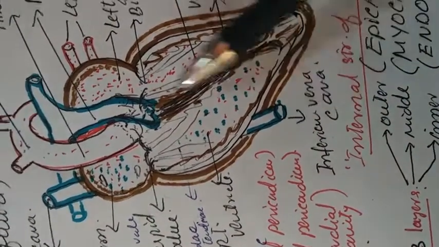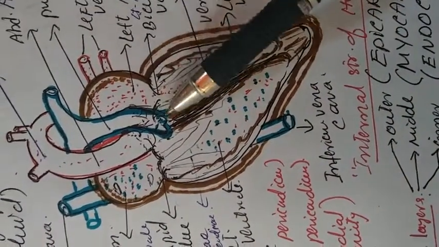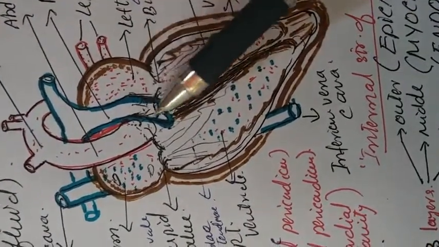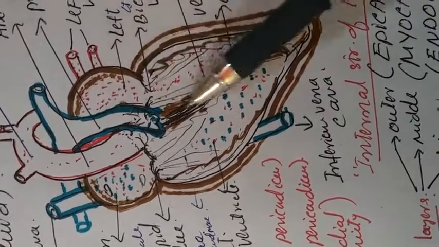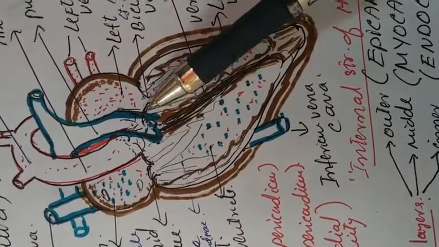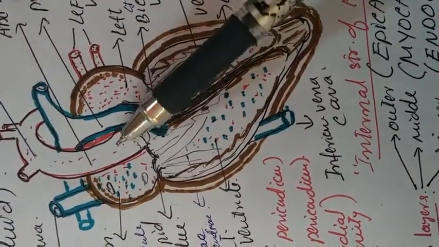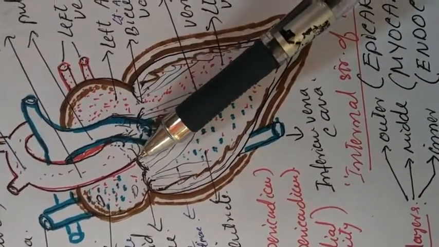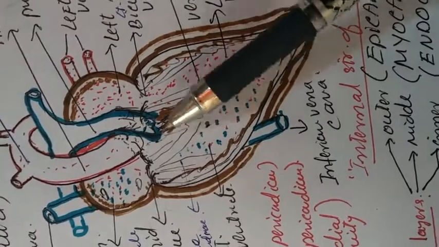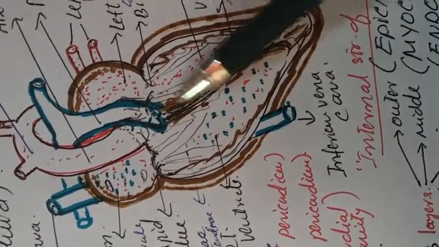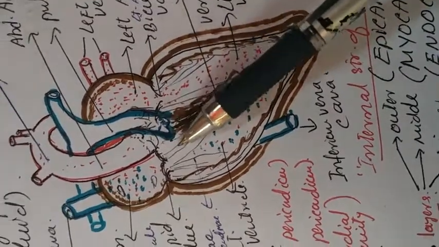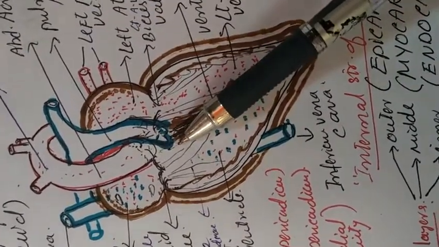And the two major arteries leaving the heart are the pulmonary aorta, as you can see here, from the right ventricle, and the aorta, another large artery which leaves the heart and arises from the left ventricle. The openings of both these large arteries are guarded by semilunar valves.